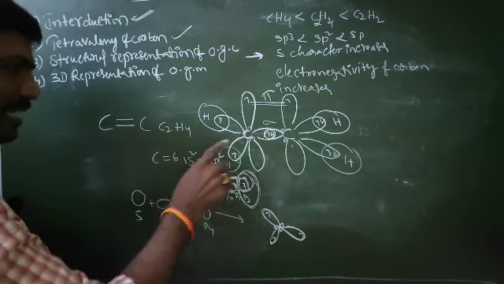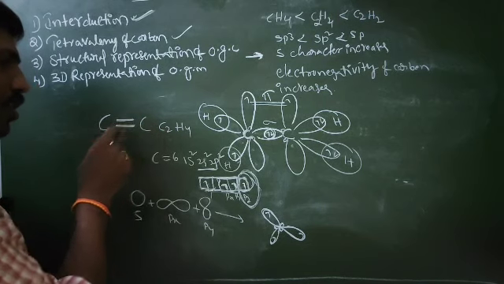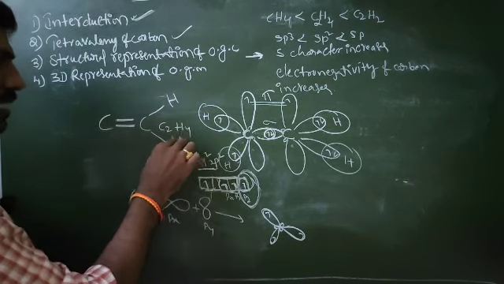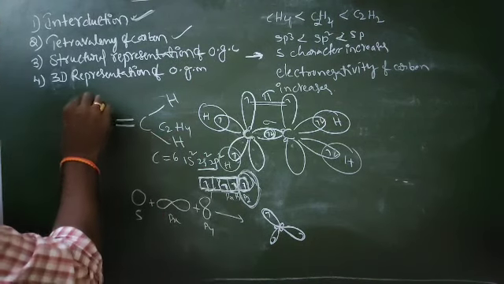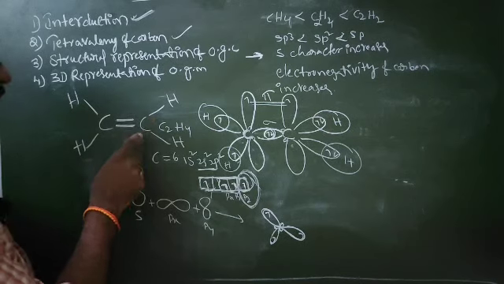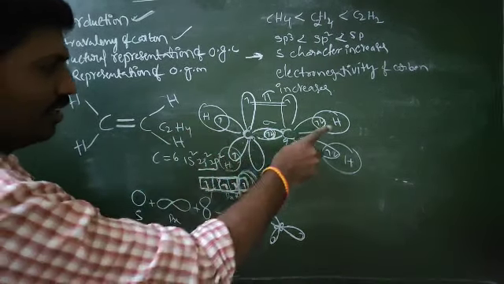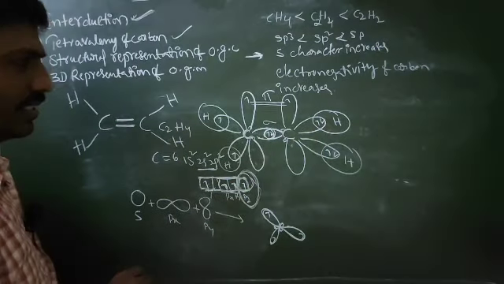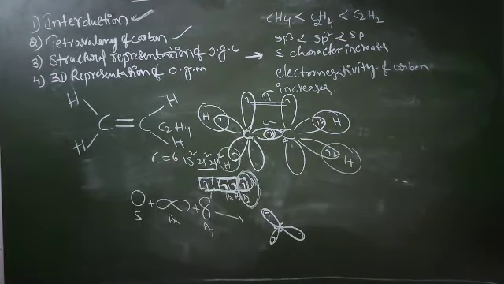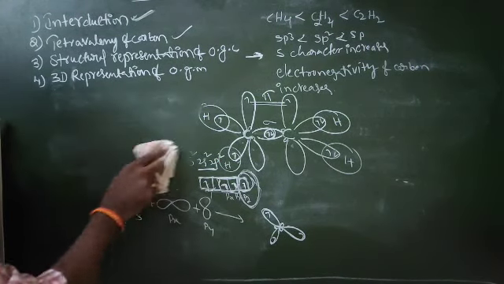One is a sigma bond, the other one is a pi bond. We can represent that with 2 dashes, and carbon and hydrogen with a single dash. In this carbon there are 2 hydrogens, in this carbon also 2. I represent here 1 hydrogen, 2 hydrogens, 1 hydrogen, 2 hydrogens. This is about hybridization and how the pi bond forms. Pi bond is that special type of bond.